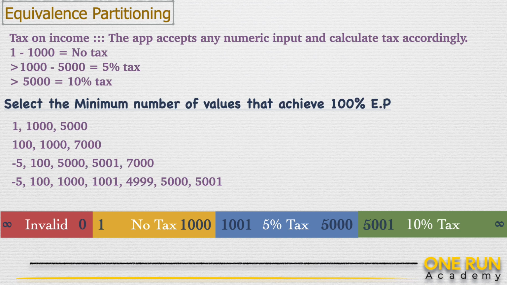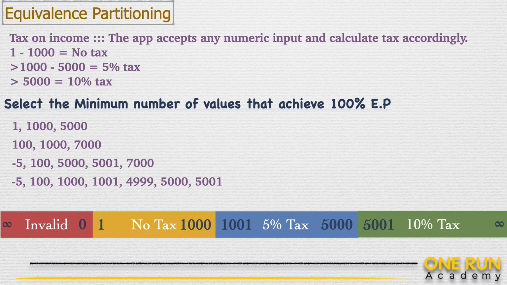So option 1 and 2 are definitely not the correct answers, as each of them contains just 3 values while having 4 partitions. So it's impossible that any of these options can achieve 100% EP coverage.